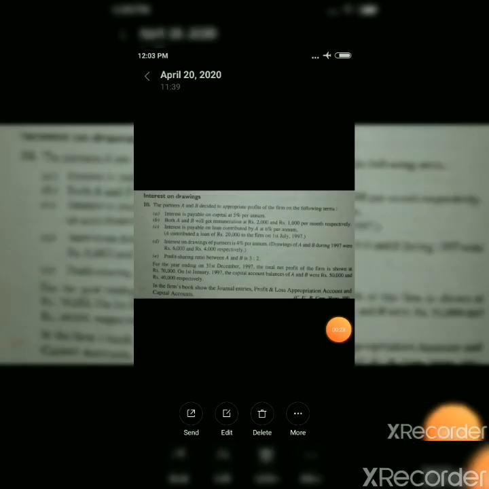So in this sum you can see the partners A and B decided to appropriate profits of the firm on the following terms. Now terms are given. Interest is payable on capital at the rate of 5% per annum.